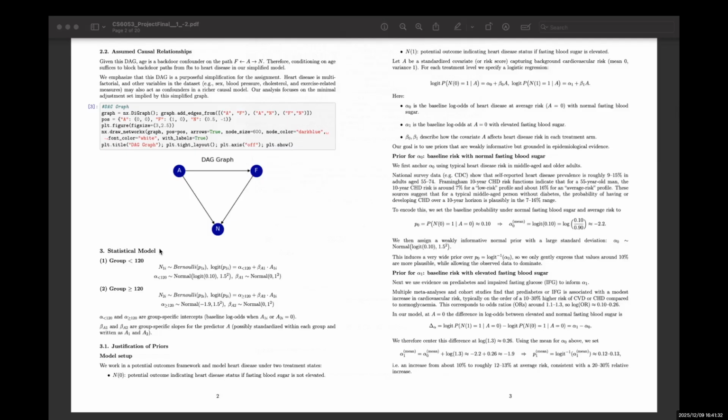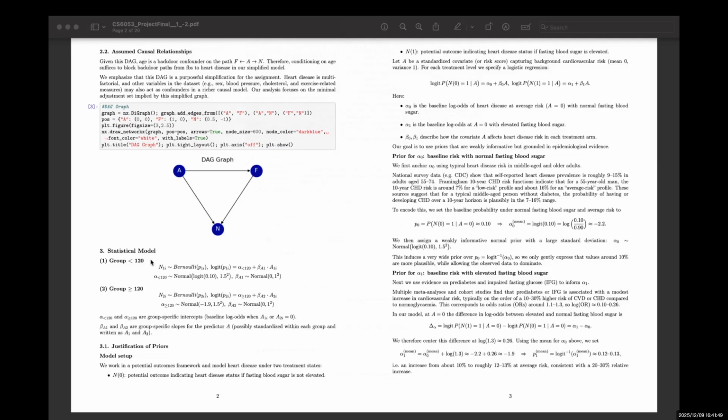For this part, because our outcome N is binary, we will use a logistic regression framework, and we will fit separate models for the 2 treatment groups. We can see here the group smaller than 120 and the group greater than or equal to 120.